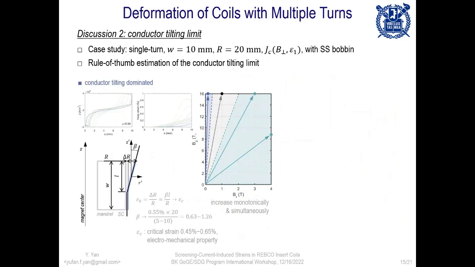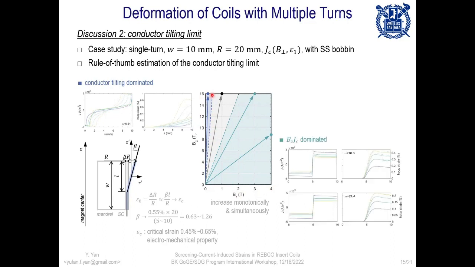By applying this model, we can show that with a high axial field to radial field ratio, which is the blue section here, the deformation of the tape is dominated by the conductor tilting. And in the case where the axial to radial field ratio is lower, we can see that the level of the hoop strain is dominated by the product of the axial field and the critical current. And of course, in the middle, we will have a mixed state.